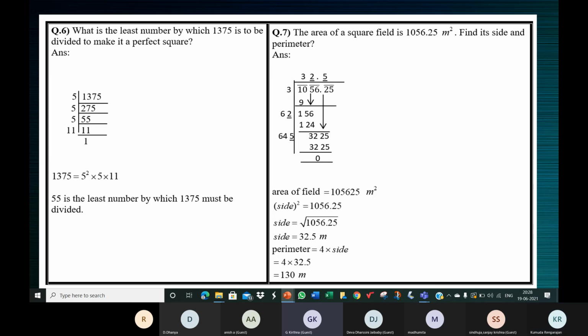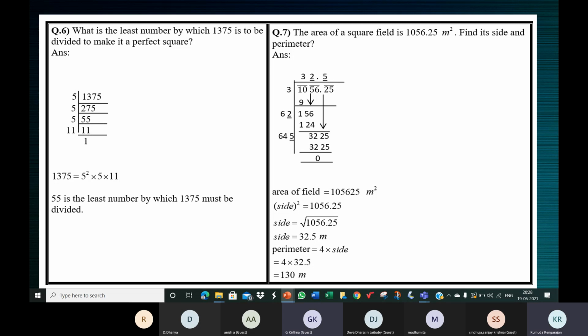So I got 1,224. Okay, that's right. And then with 2, for which I got 612. And then with 2, for which I got 306.